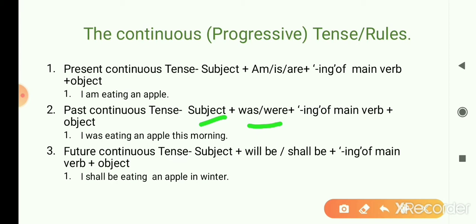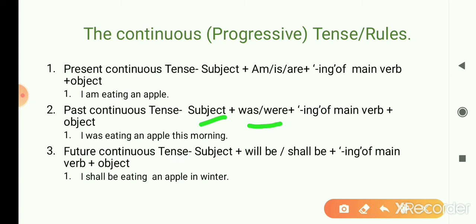So it will become I was eating an apple this morning. The subject is I, and I have written was. The main verb is eat, so I join ing. So I was eating an apple this morning.